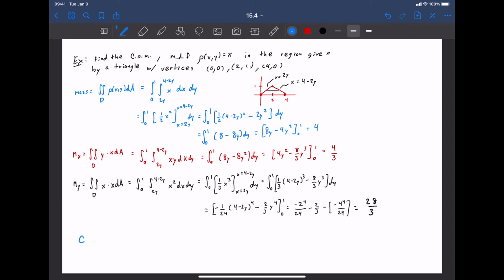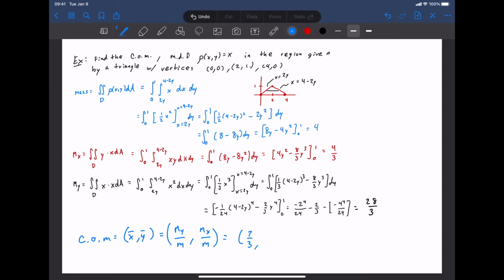So our center of mass at the end of the day, x bar, y bar. Remember, this is still a little backwards if you're just getting used to it. It's this formula. So we're going to get 28 thirds divided by 4 is 7 thirds. 4 thirds divided by 4 is 1 third.